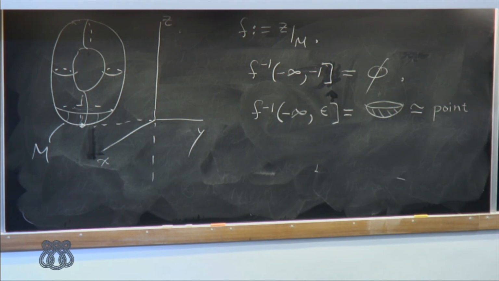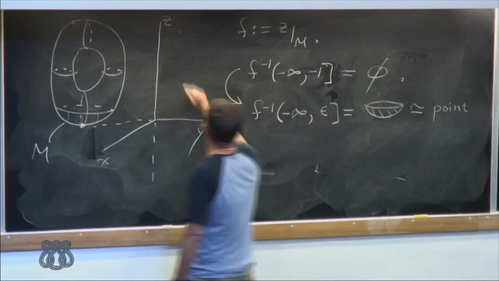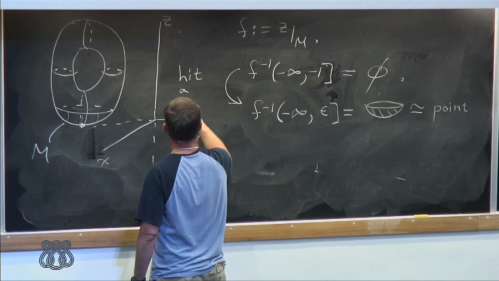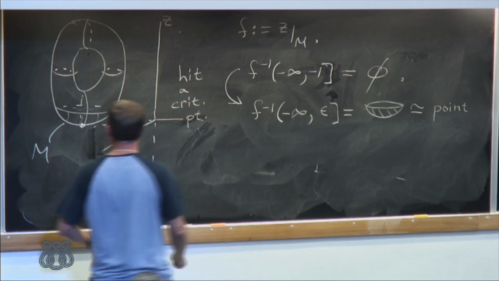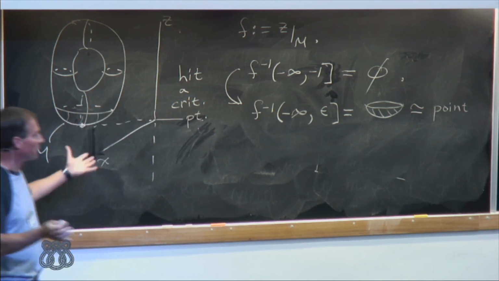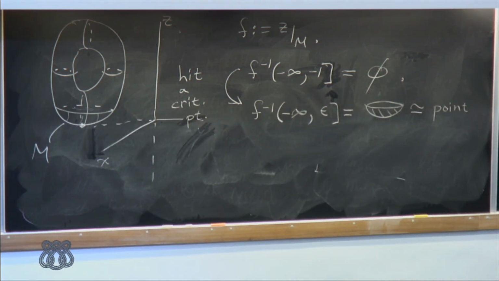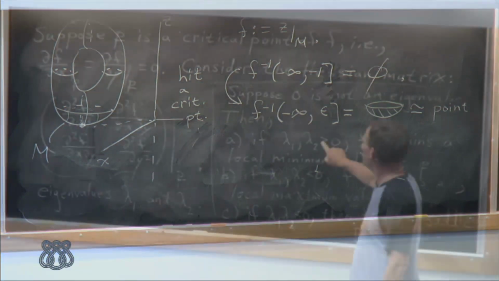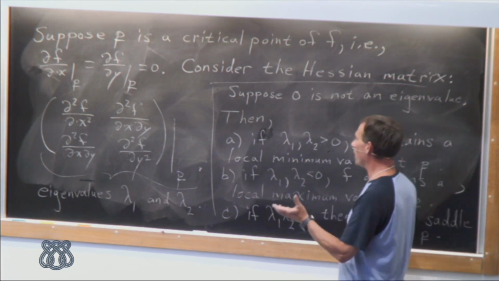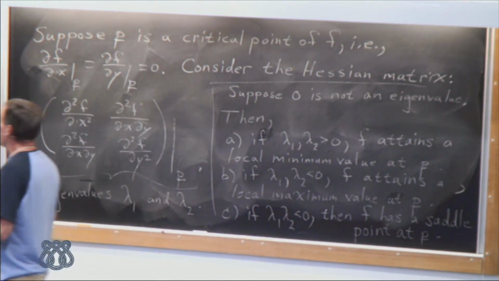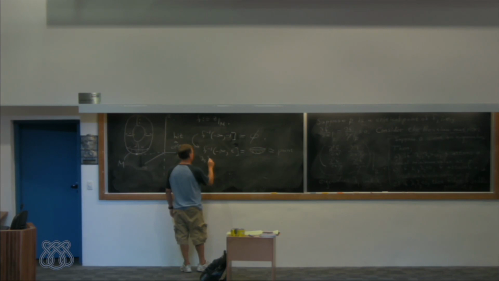Up to homotopy, between here and here, we hit one critical point. What kind of critical point? Well, look, it's that concave up thing, which I erased because I'm stupid. It's this case. You hit a critical point where both eigenvalues are positive. So I want to write, this is lambda 1, lambda 2, both positive.